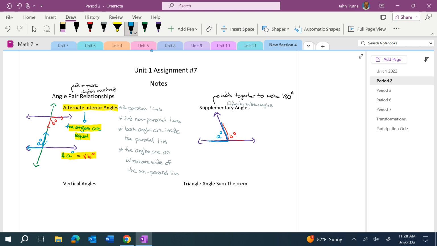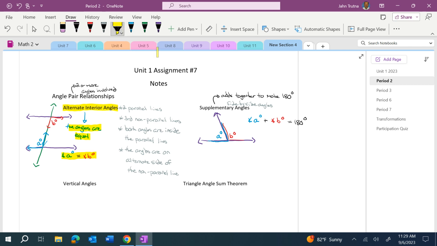It means that however many degrees angle A is, when I add it with however many degrees angle B is, the two angles together are going to add up to equal 180 degrees.